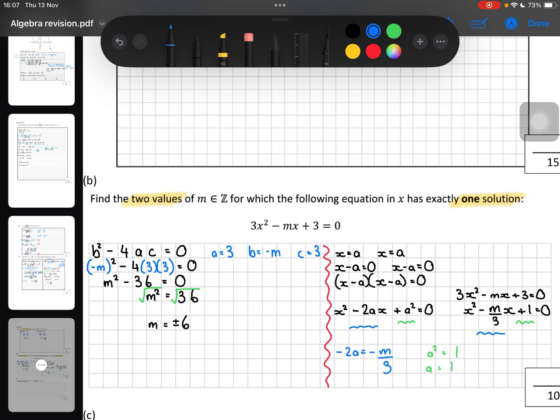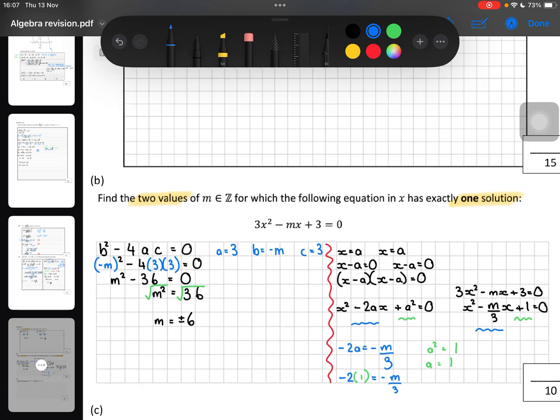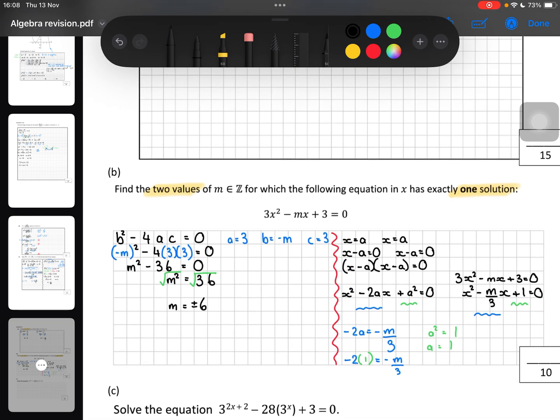So sub that in so that I get minus 2 times 1 is equal to minus m over 3. Then I can multiply by a minus 3 to get rid of the minus and to get rid of the 3 that's dividing, which means I have to multiply this side also by a minus 3, so that I get 6 is equal to m.